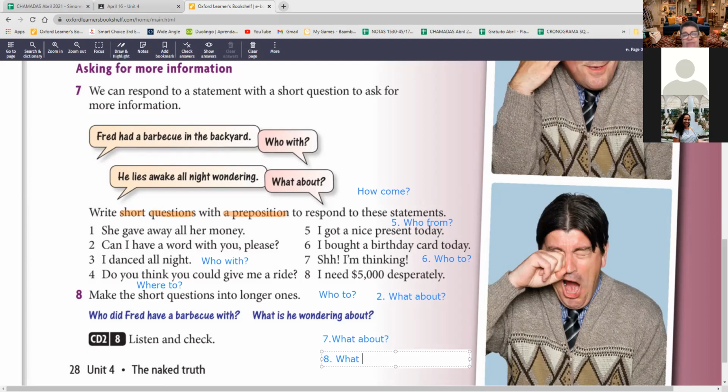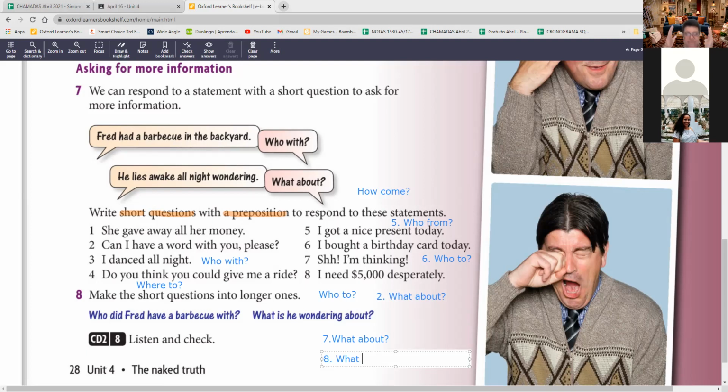So we have to create a question that can have a preposition and make sense here. When I want to know the purpose of something, which preposition do I use? In Portuguese, I ask, para que você precisa? Para quê? That's the question.